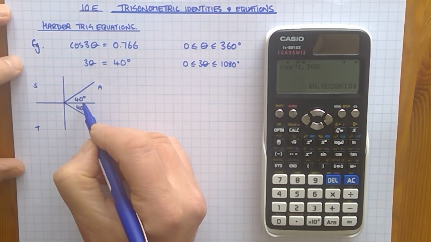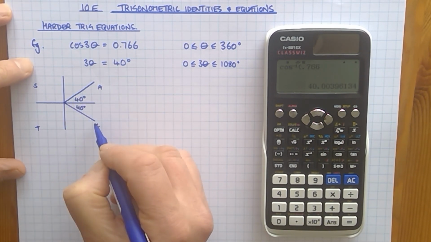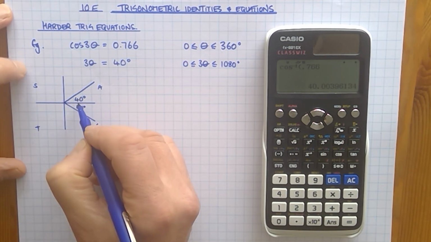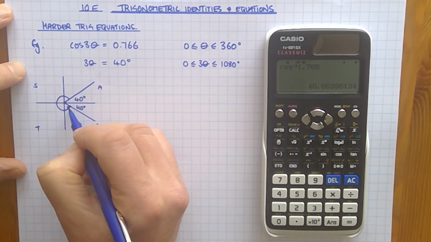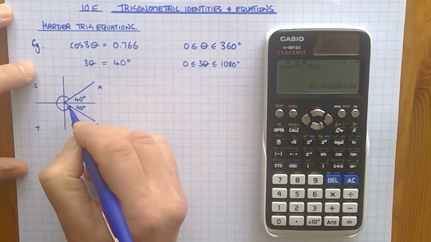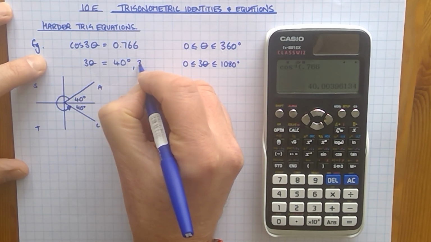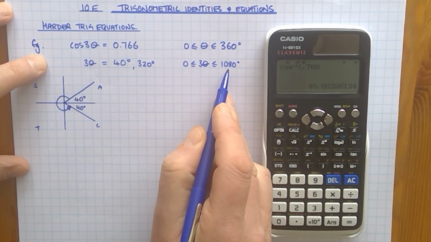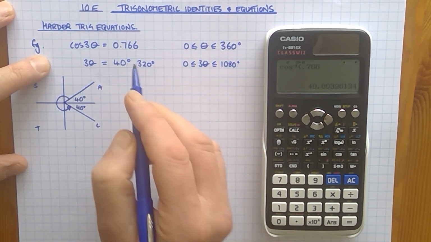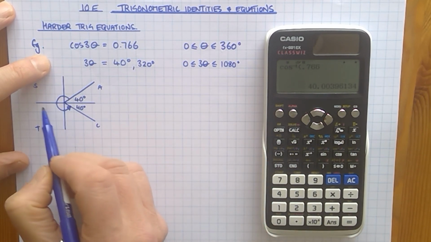So we can have any value that corresponds to one of these 2 lines. So we've got 40, then we can have this one here, which is 360 take 40, which is 320. Now 3 theta can go anything up to 1080, so we've got some more values to contend with.